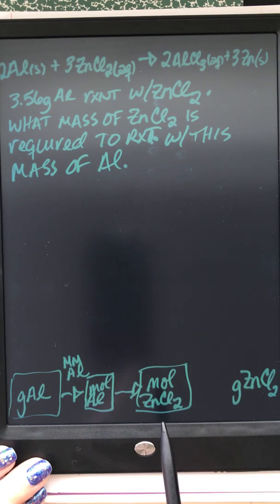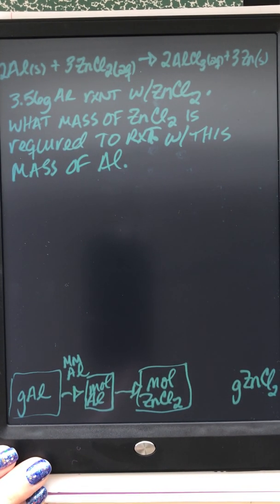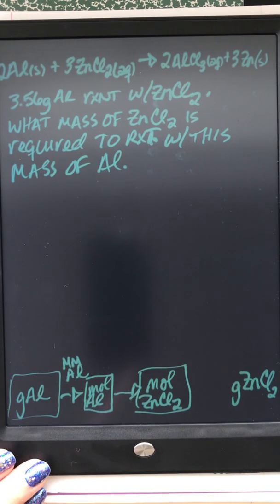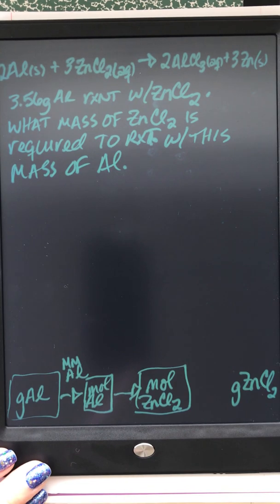Is it molar mass still? No, so now instead of going on the molar coaster from grams to moles, we're going from moles to moles, right? What piece of information do we need to go from moles of one thing to moles of another thing? All I can think of is Avogadro's number.